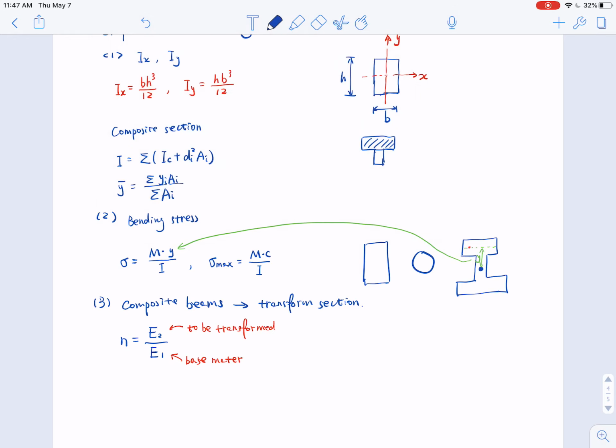If you have a composite cross section that's shown here, and this is steel, here is your wood, right? Then if you select wood as material 1, the base material, and the steel as material 2, then it will become this.